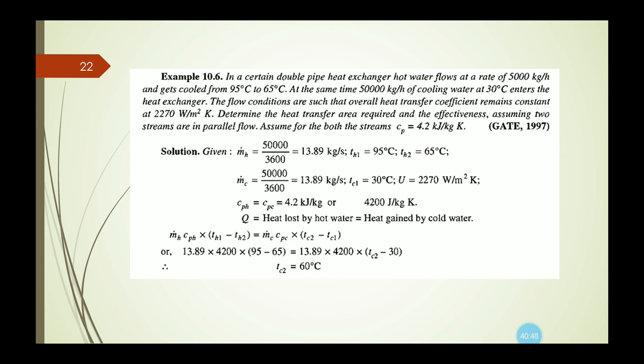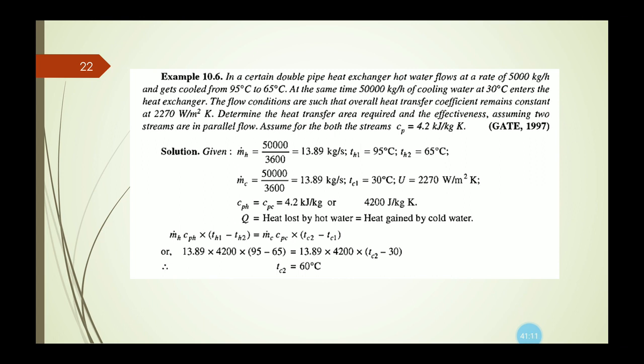The flow conditions are such that the overall heat transfer coefficient remains constant at 2270 watt per meter square Kelvin. We need to determine the heat transfer area required and the effectiveness, assuming the two streams are in parallel flow. We need to assume for both the streams Cp equals 4.2 kJ per kg Kelvin.